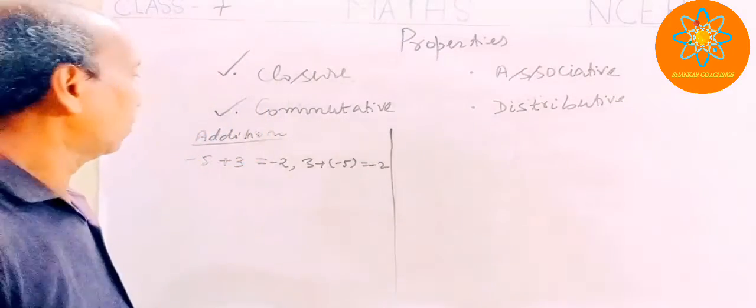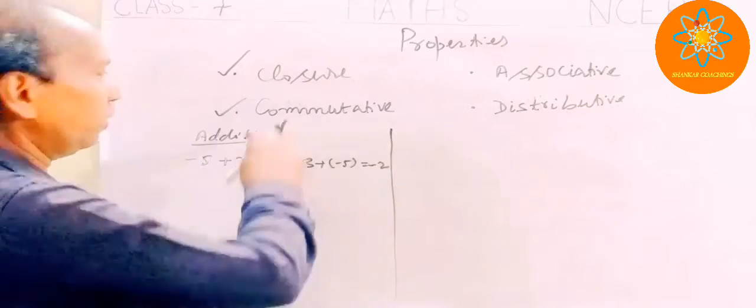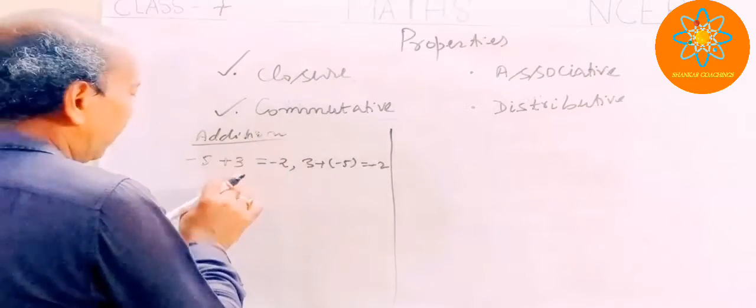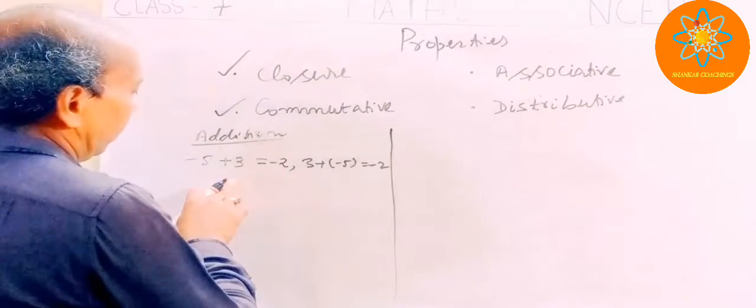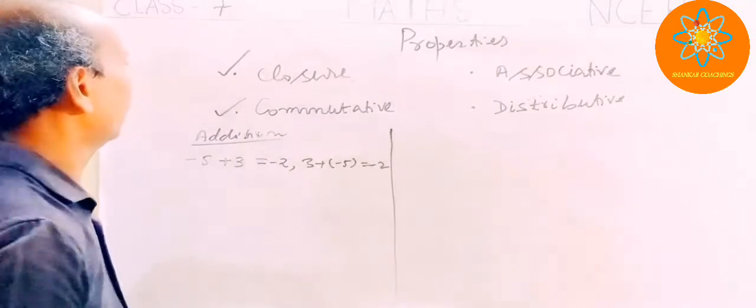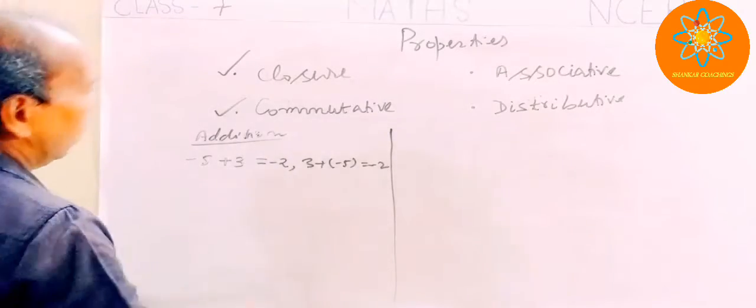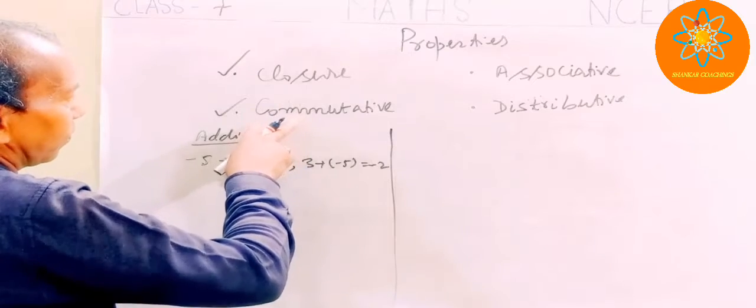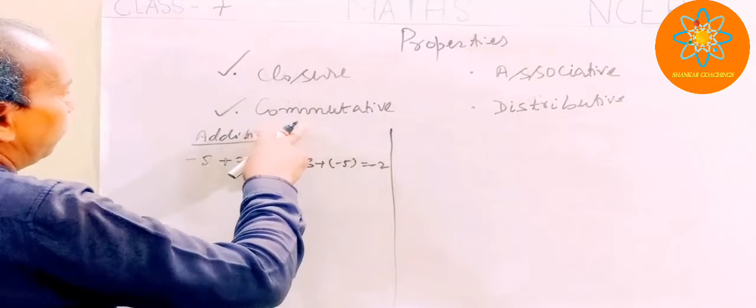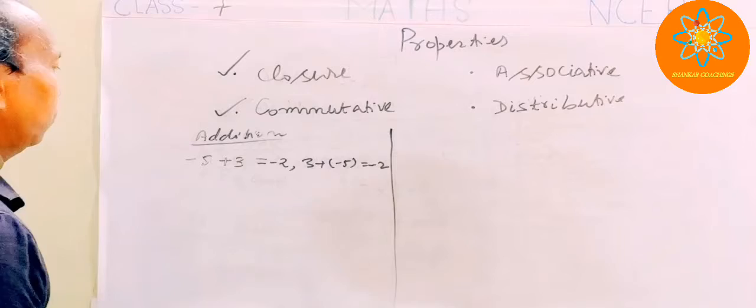So in the commutative case, if I reverse the order, we get the same value. That is, the commutative property for addition is true.